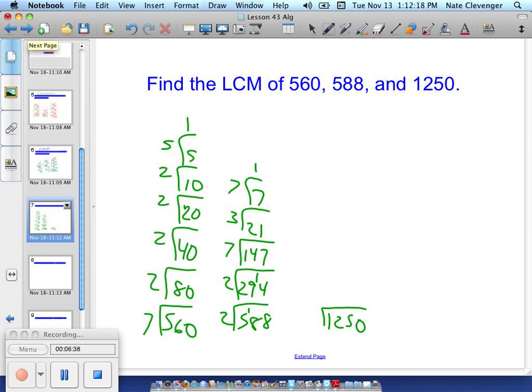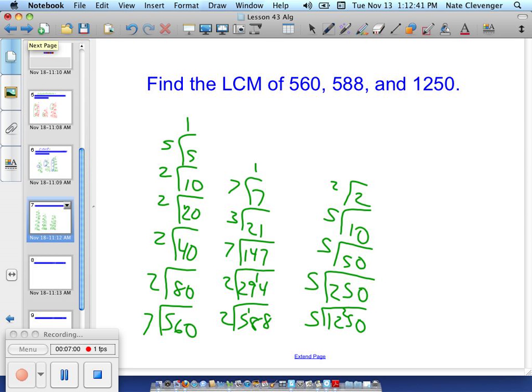This one, don't use 10, because 10 is not a prime number. So if you want to use 5, we can use 5. 5 will go into 12 twice with 2 left over. That's 25. 5 goes into 25. 5 is 50. 5 is 10. 5, 2, 2, 1. So it didn't take too much.